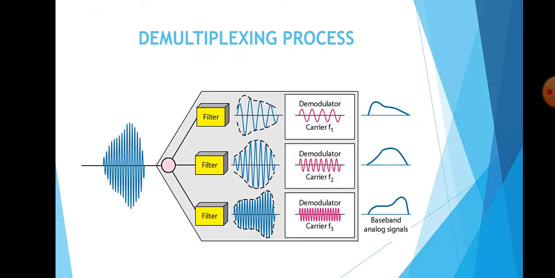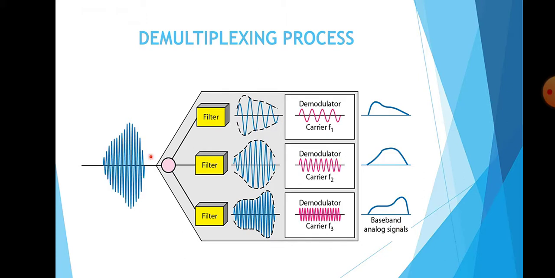The demultiplexing process is the reverse operation of the multiplexing process. So we have to get back our original input signal or baseband analog signal from the composite signal.